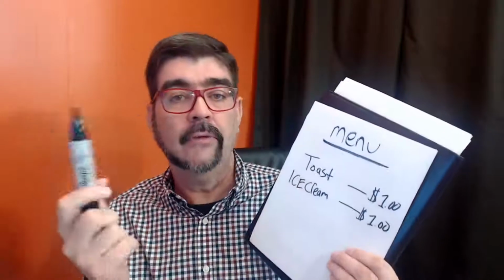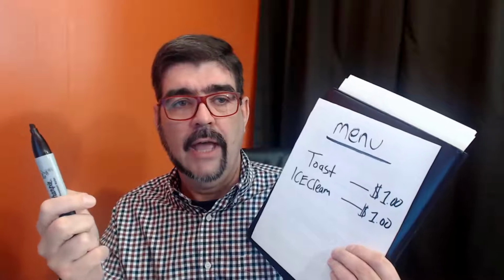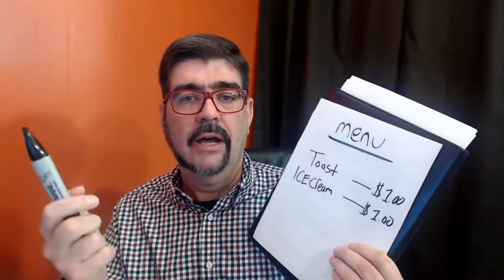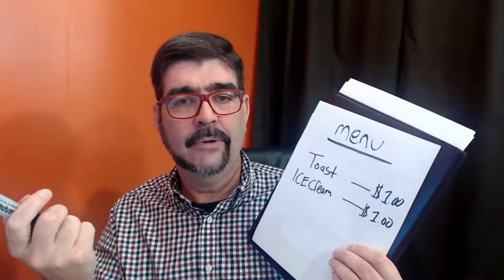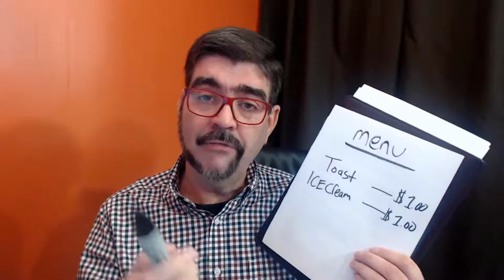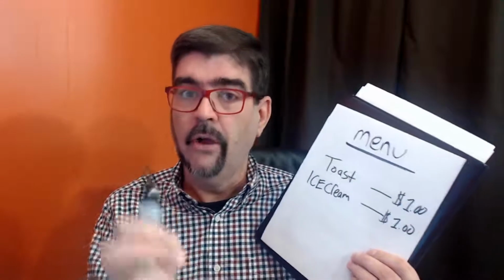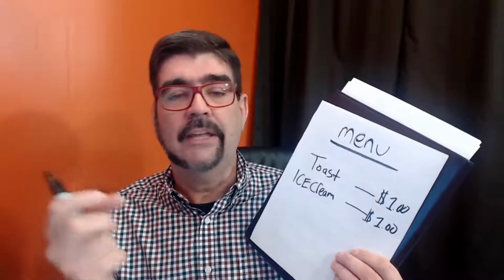Then we say that to our server, and he or she will go and say to the kitchen, the guy with the monkey tail beard over in booth number 6 would like some toast. And what the chef will do is go to the toaster, which is a component inside of the kitchen, and make toast.